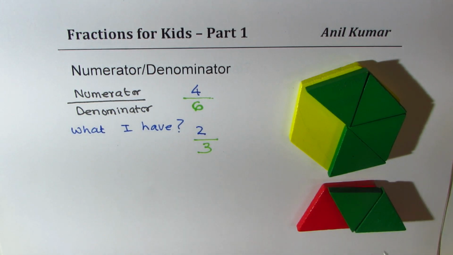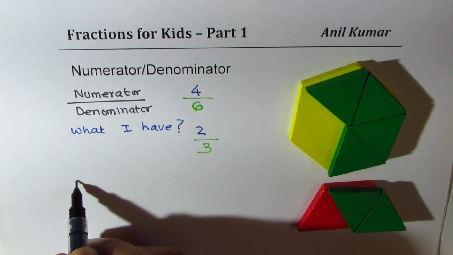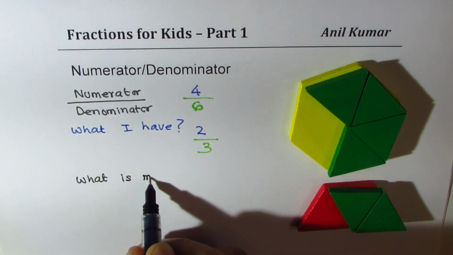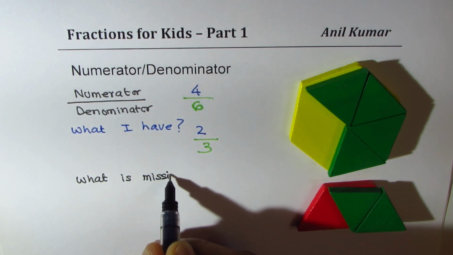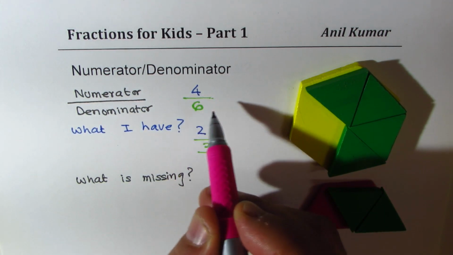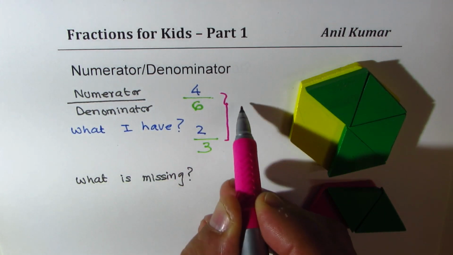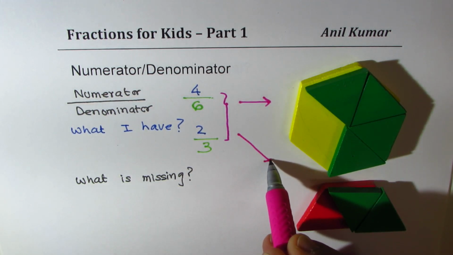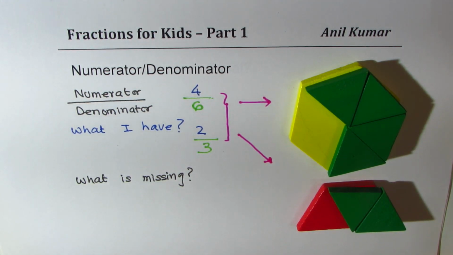Now I could also ask you a question: what is missing? So now take your time to figure out what is missing. So what I have, we have these 2 things, 4 out of 6 in this case and 2 out of 3 for the trapezoid.